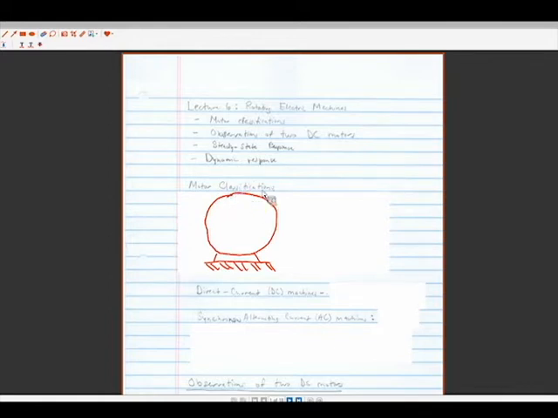Okay, so for the sake of this initial discussion, we're going to assume that the stationary portion of the motor has an electromagnet wound through it that creates a magnetic field. Okay, so there are counterexamples to this. There are permanent magnet stators and there are permanent magnet rotors, which we'll get to in a second. But just for a general introduction to this, we're going to say we have some sort of stator.